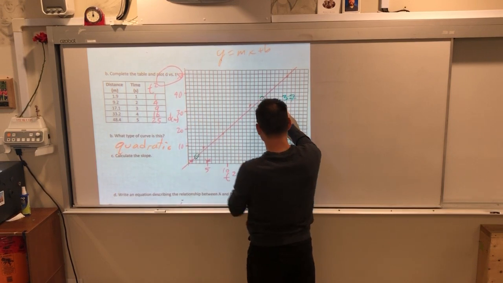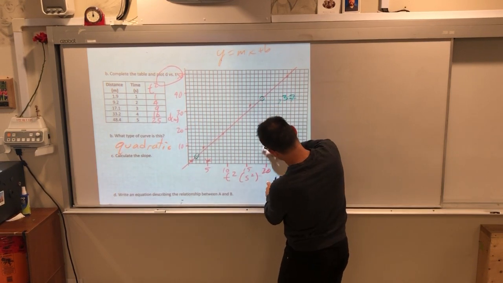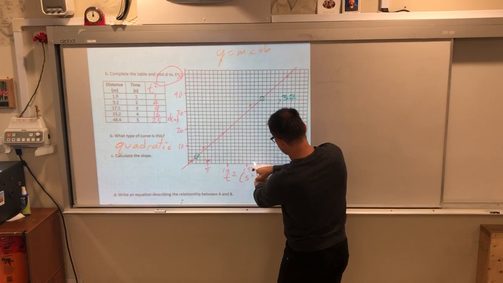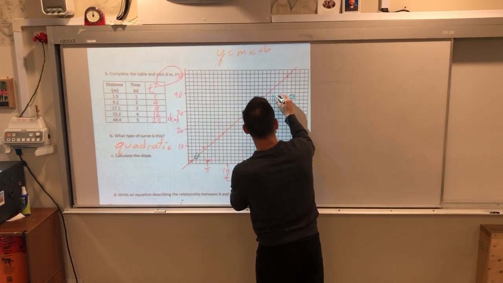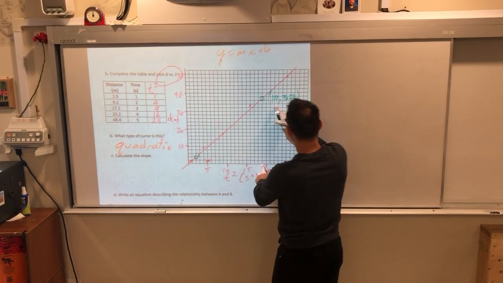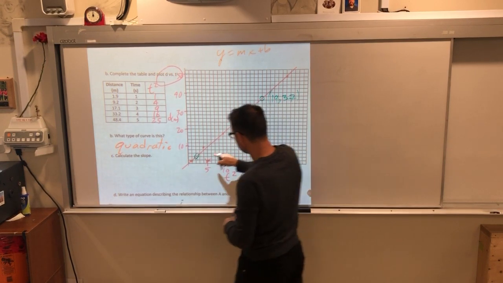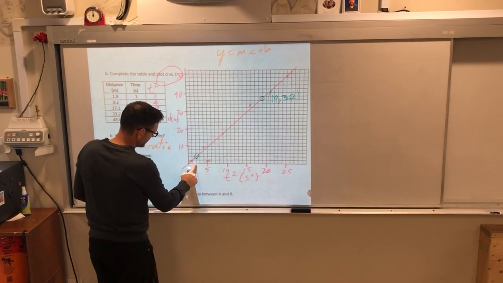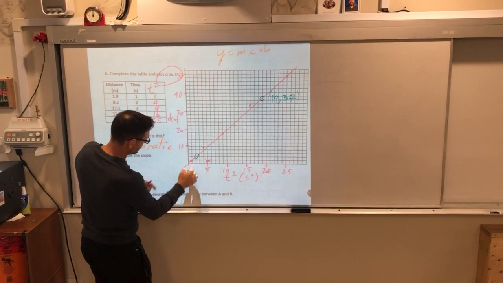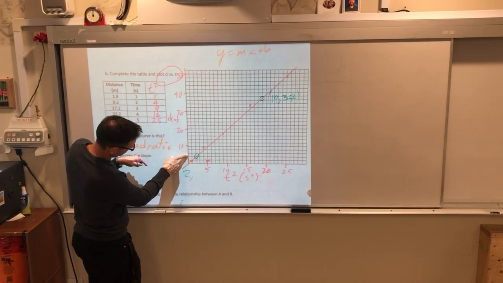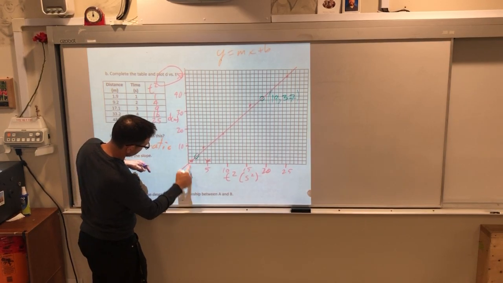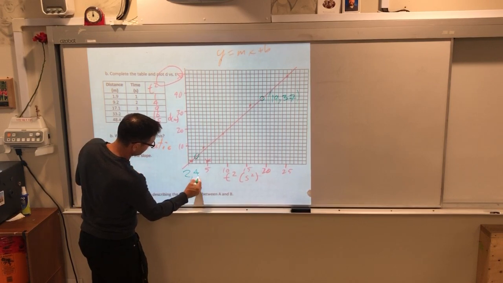It's 37, and the x value is 15, 16, 17, 18, 19, so this is 19 on the x and 37 on the y. And this one here would be 2 on the x, and what is that, 4? Yeah, 2, 4, 6, 8, 10, that's 4.